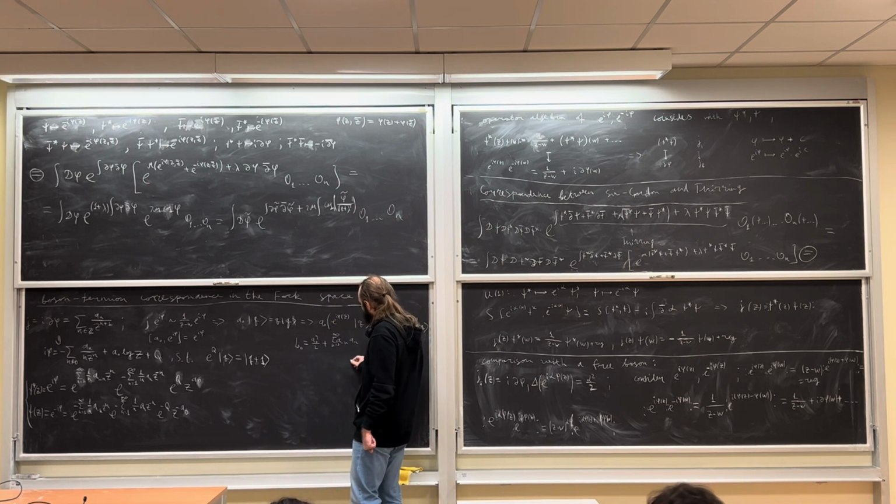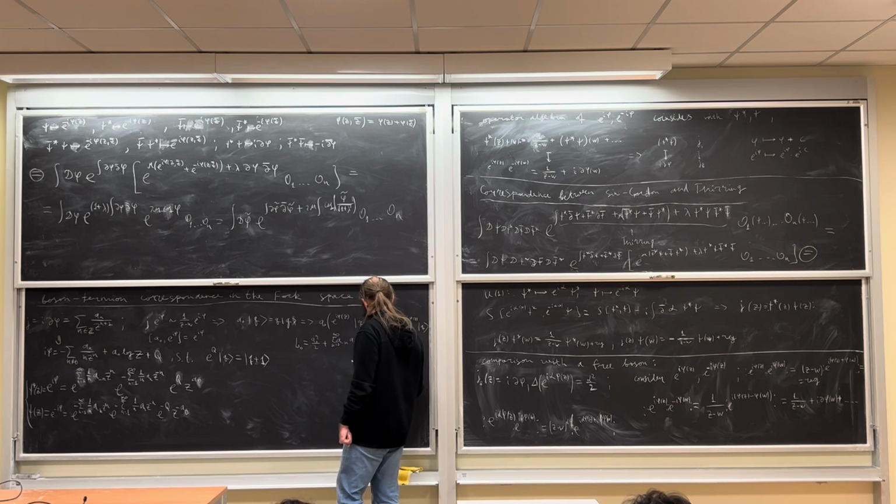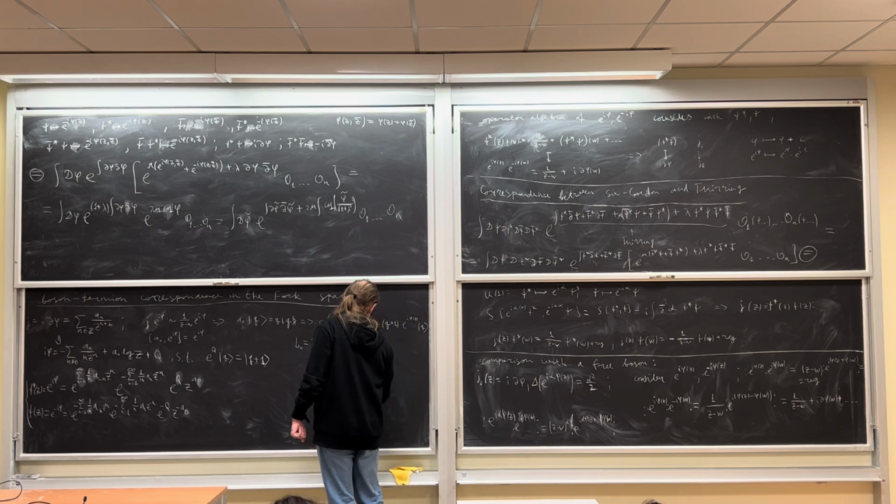So the picture is like this. Here we have 0 dimension, here we have 1/2, here we have 2, and in general, such a parabola.